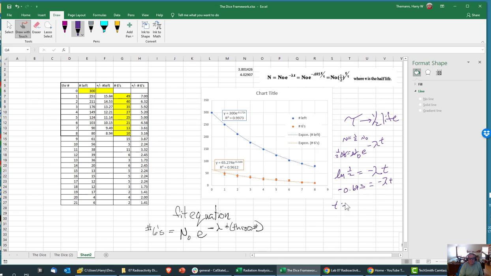So the t of 1/2 equals 0.693 divided by lambda.